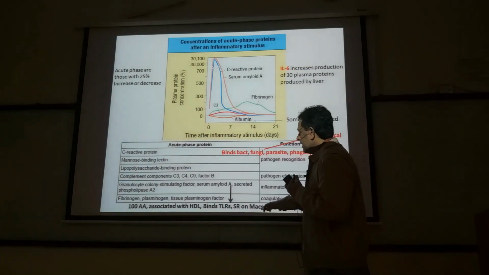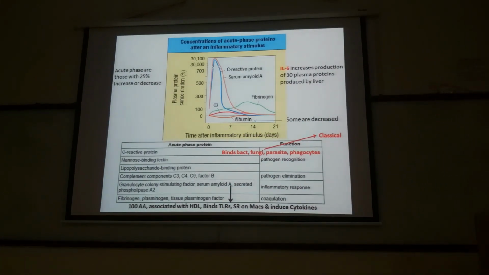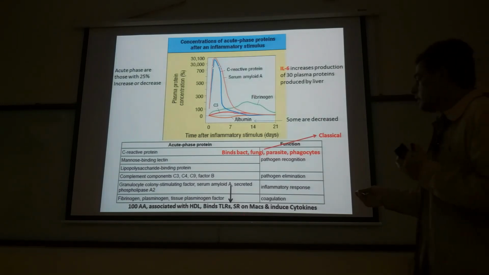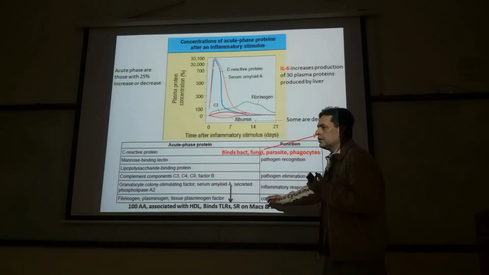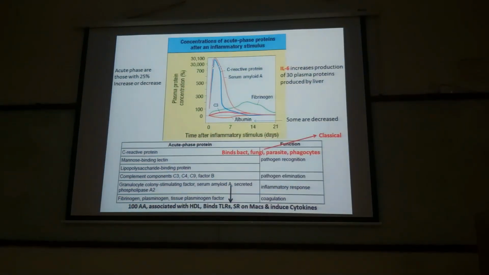Okay? These factors that you see here, like the serum amyloid A proteins, are meant to increase the inflammatory response. Okay? Certain factors like the fibrinogen or plasminogen or tissue plasminogen factors help with the process of coagulation. Okay?